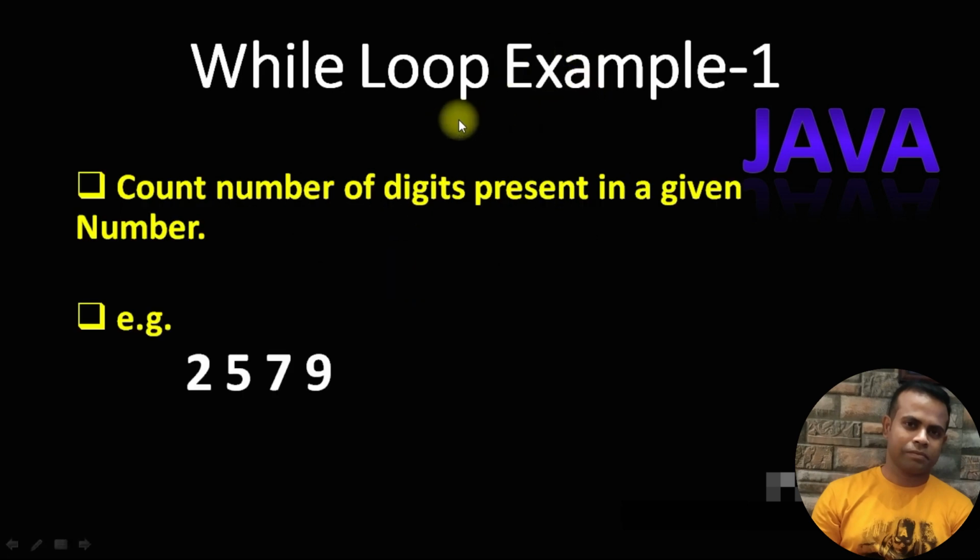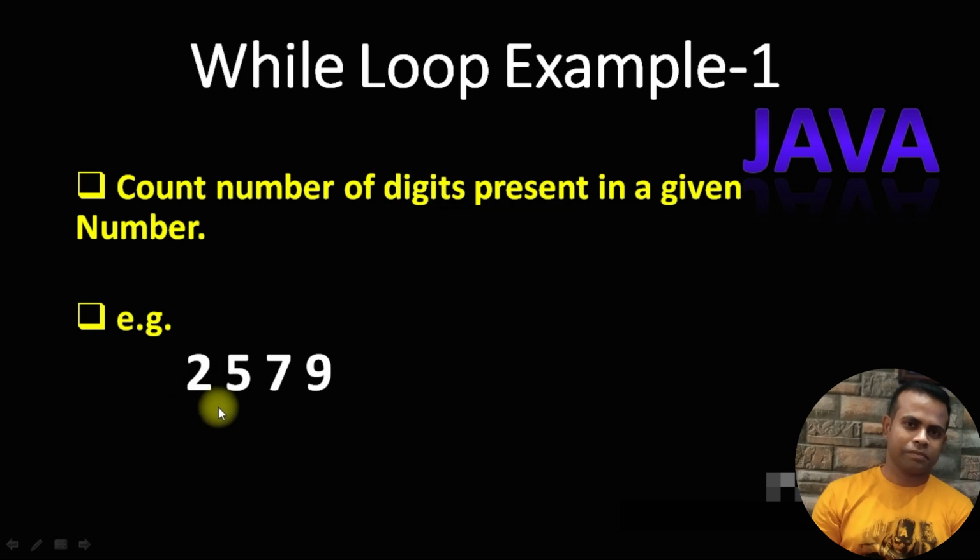Now let's take an example to understand how our while loop works. Let's say you have the number 2579. You have to find out the number of digits available in this number.